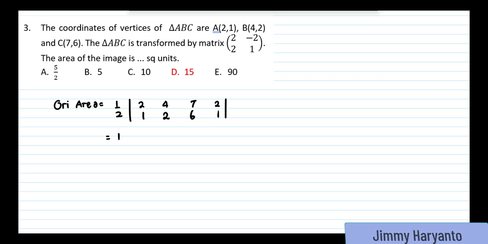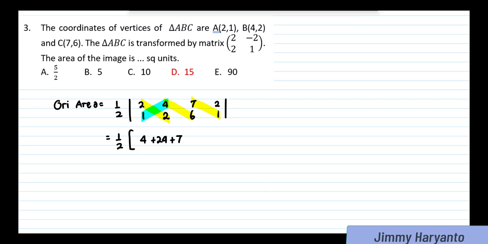Yeah, so you'll have half, and then you will calculate it like this: this times this, this times this, this times this. You will have 4 and then plus 24 and then plus 7, and then you will minus it with this one.